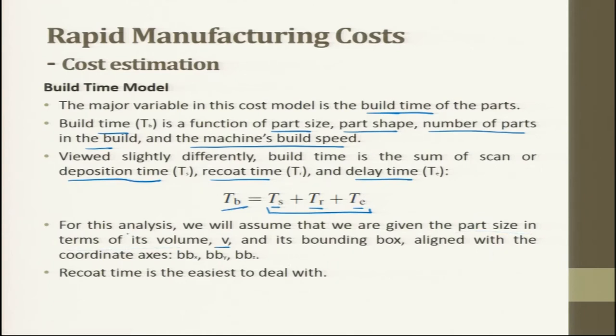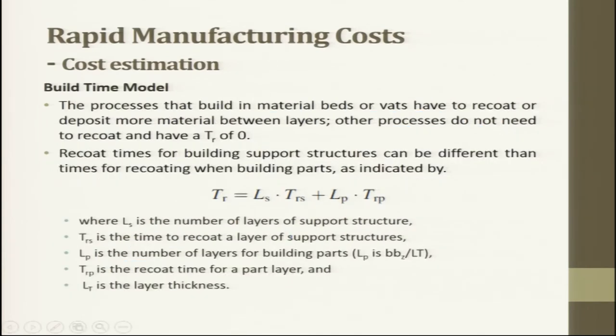For this analysis, we will assume that the part size is in terms of its volume and its bounding box aligned with the coordinate axes, that is BBX, BBY and BBZ, three different axes. Recoat time is easiest to deal with. What is recoat time? The processes that build in material beds or vats have to recoat or deposit more material between layers.